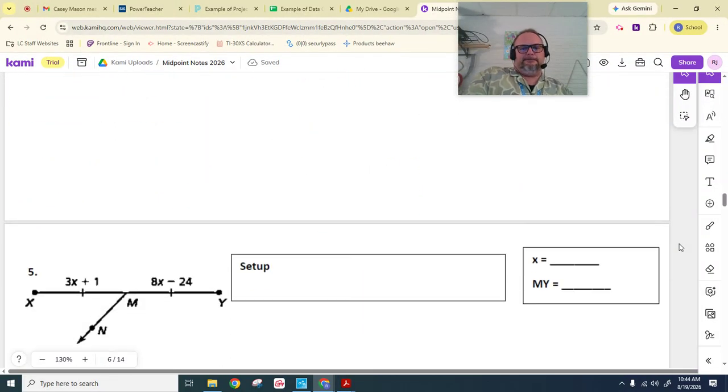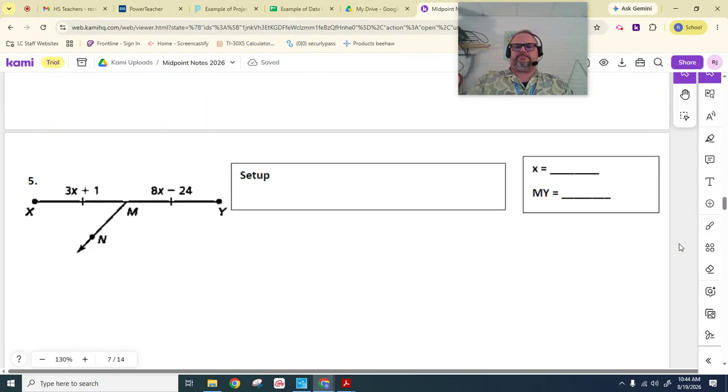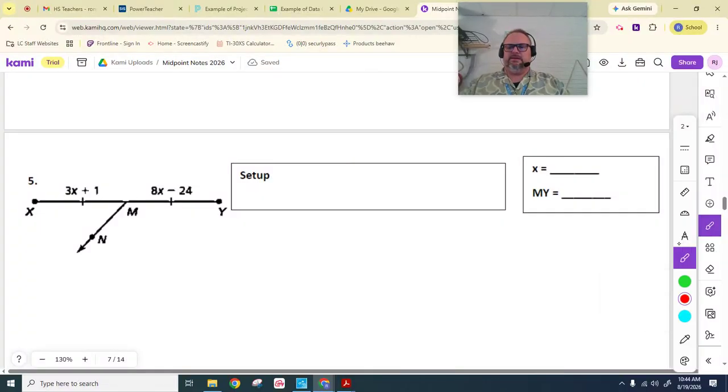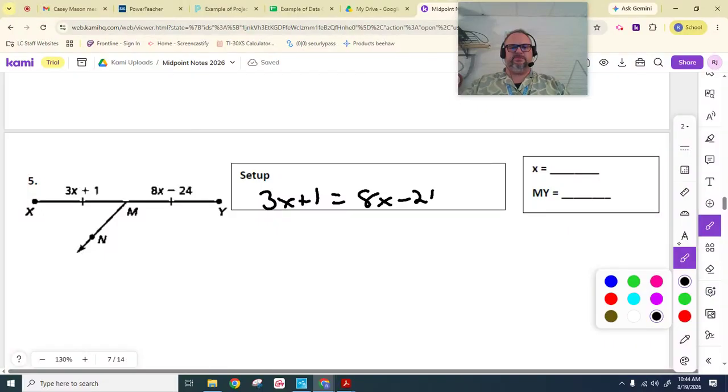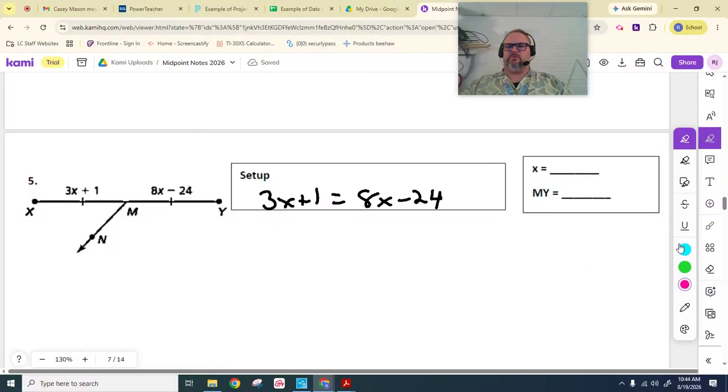All right, we go with number 4. So 3x plus 1 equals 8x minus 24. Wow, whatever website I stole this from, they really like these weird numbers like 3s and 8s. We've had 3s and 8s all day.